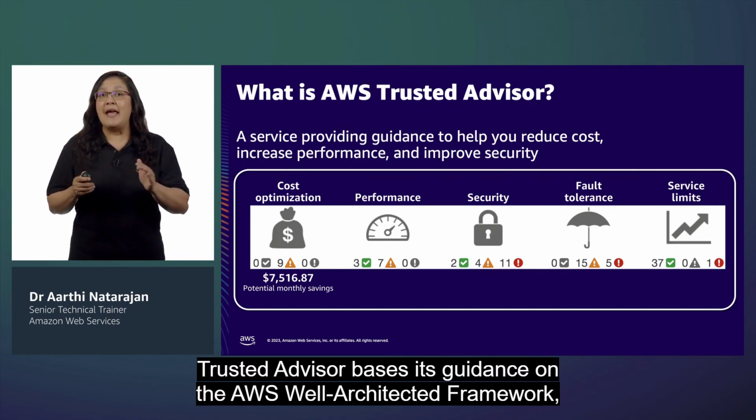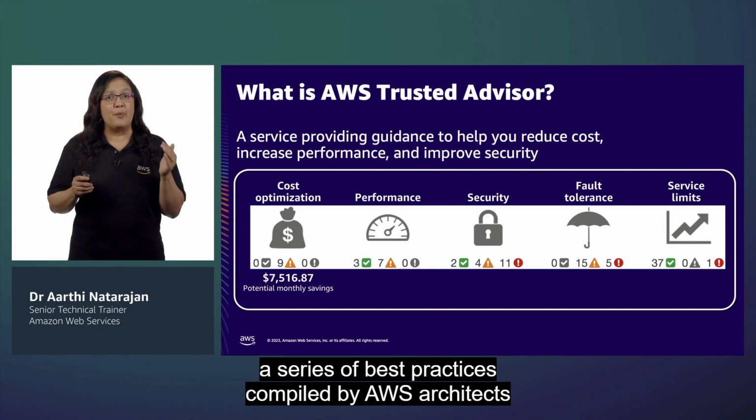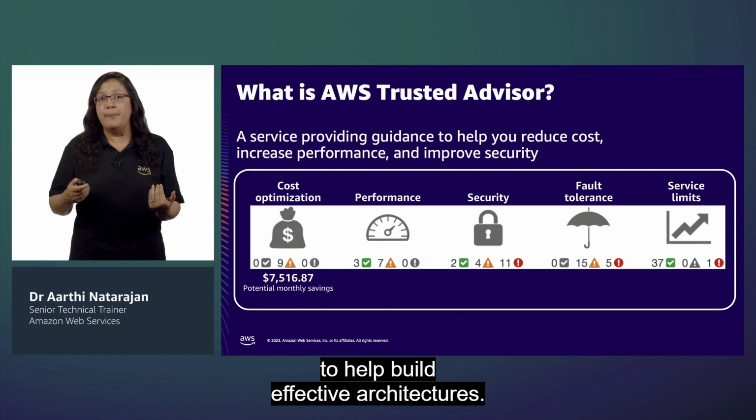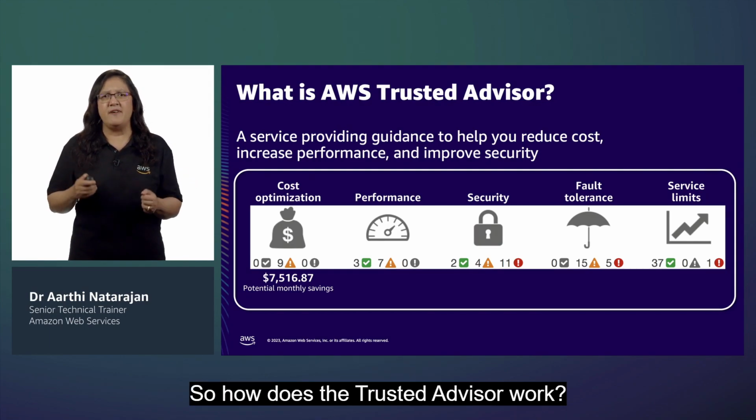Trusted Advisor bases its guidance on the AWS well-architected framework, a series of best practices compiled by AWS architects to help build effective architectures. So how does the Trusted Advisor work?